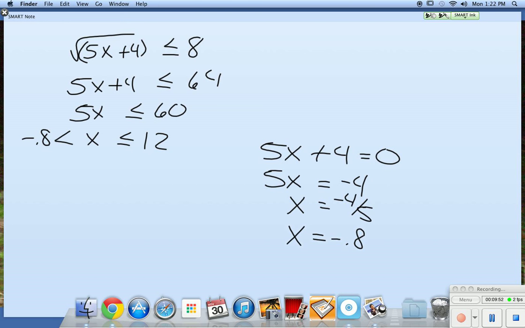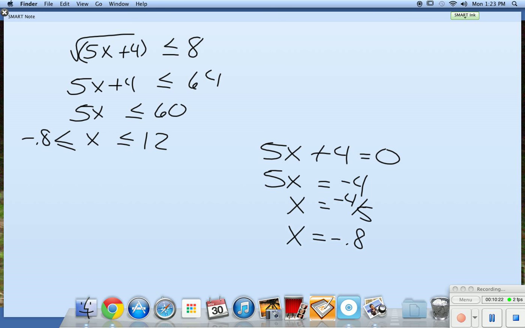That's as far as I can go. Anything less than that is imaginary. If I put 0.8 into this, this becomes 0. Okay, if I go anything less than that, then it's imaginary. All right? That's the only other thing I wanted to show you on inequalities. If this is a cube root, then we wouldn't have to do anything with it because we can have negative numbers in there.